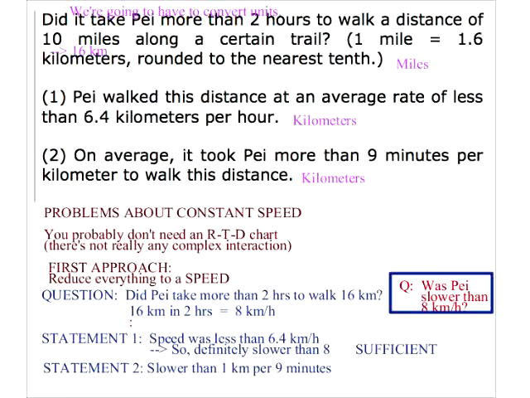So this is slower than 1 kilometer per 9/60th of an hour. So that reduces to slower than 60/9 kilometers per hour. So 60/9 is only like 6 point something. So that's also definitely less than 8.